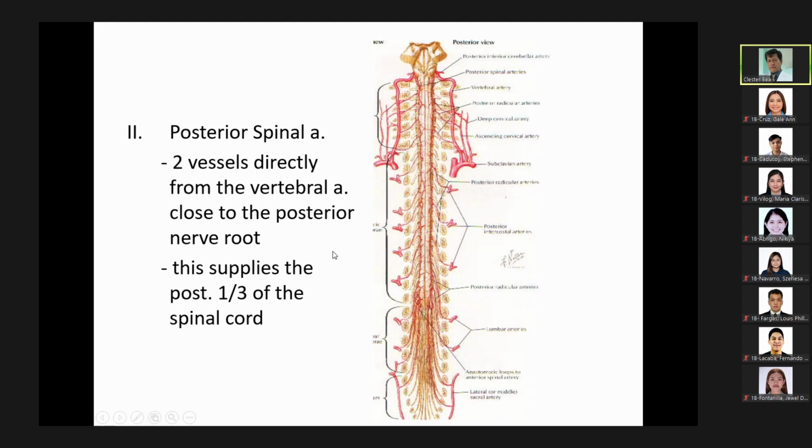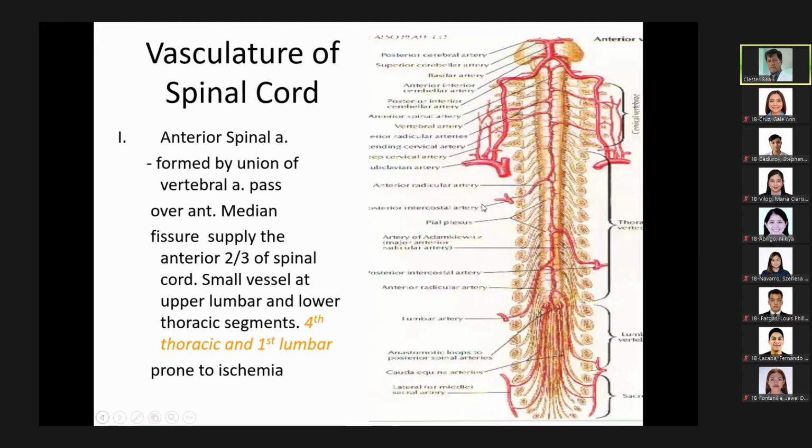going down. Now, the anterior spinal artery supplies the greater part of the spinal cord, meaning it supplies two-thirds of the interior of the spinal cord, while the posterior spinal artery supplies only the outer one-third of the cross section of the spinal cord.